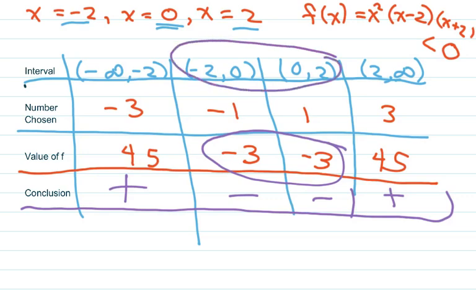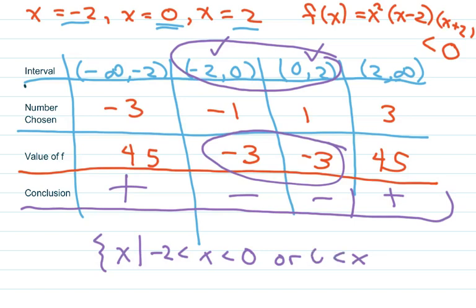That means my solution set is x, and x is in between. Can it equal it? Nope. Negative 2 and 0. Or, so that would be that one. And this one would be x is in between 0 and 2.